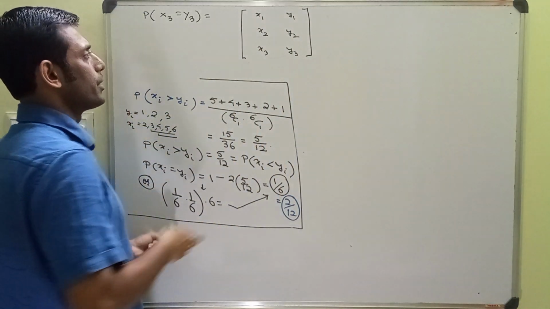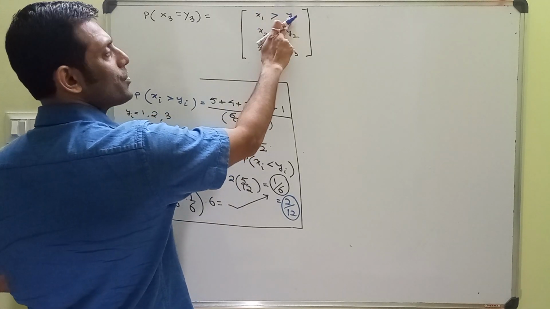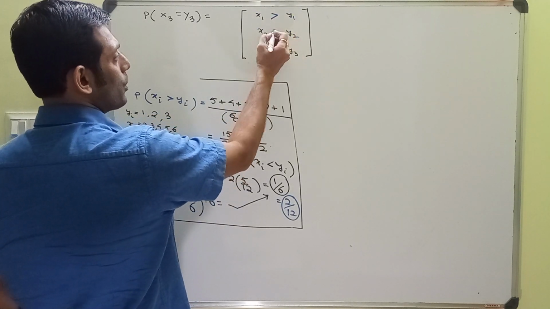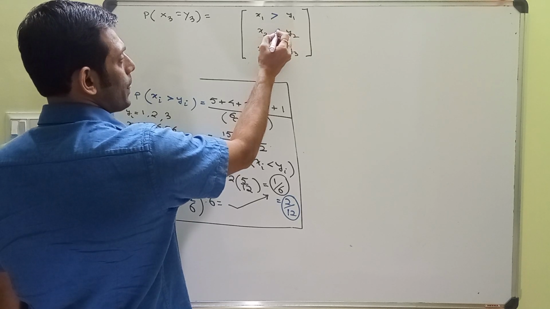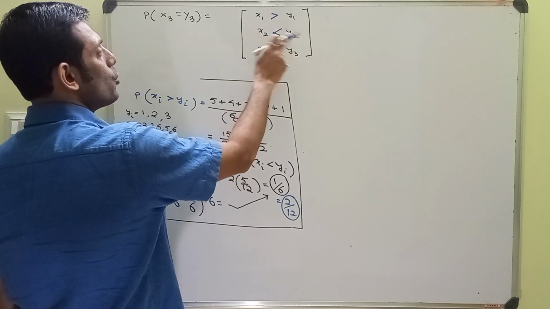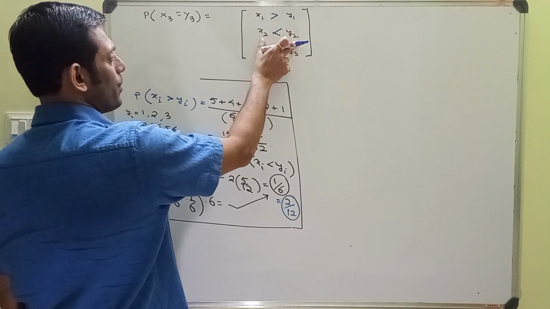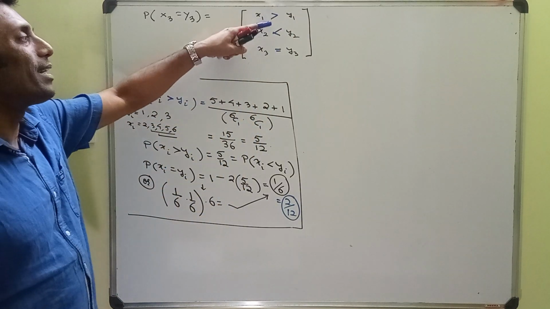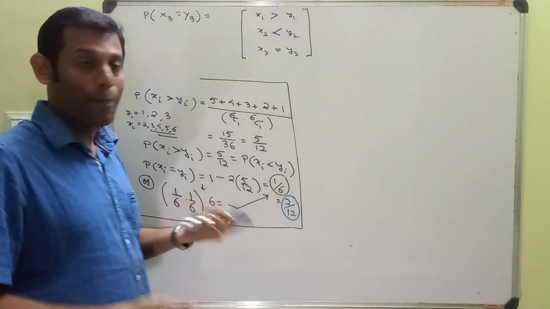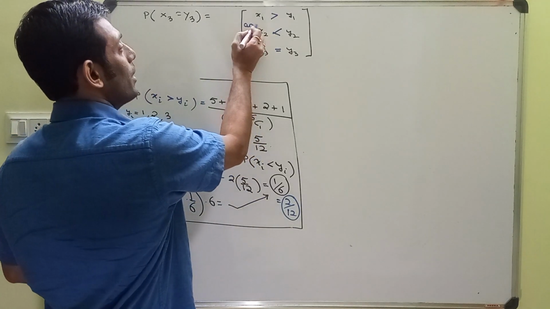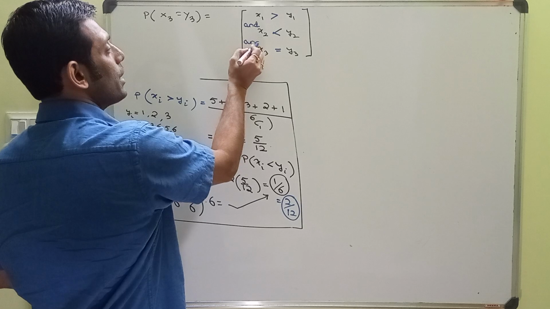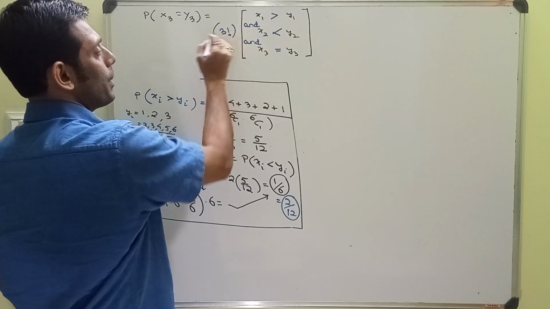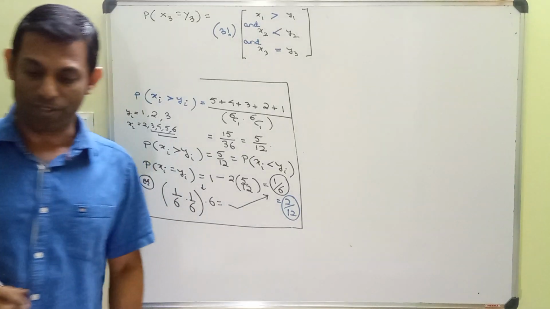If I make x1 greater, that means 5-0 score. Now what about these two? Let's say I write less than, that means 0-5 score, 5-0, 0-5. Equalized, equal to. Now see, there are three different events which can happen with an ANDing, and that means 3 factorial permutations can happen. 6 ways it can happen.